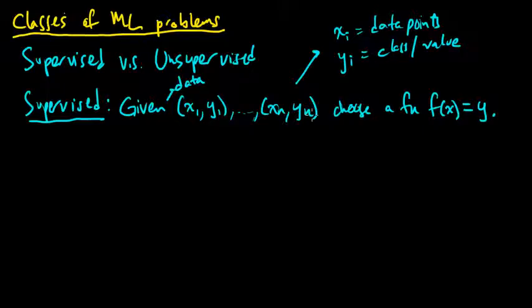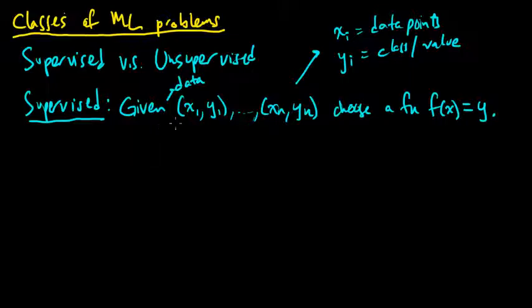Now you may be saying to yourself, how in the world could I possibly do this? And you would be justified in asking that question, because in general this is not a well-defined mathematical problem. It's an ill-posed problem. There's no sense in which there's a correct function for this setup.